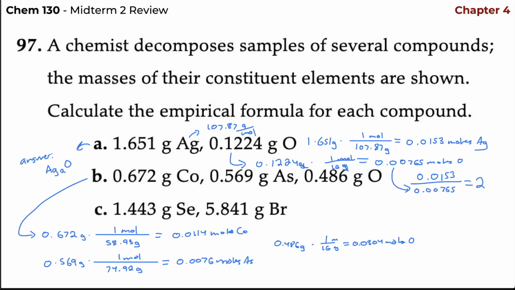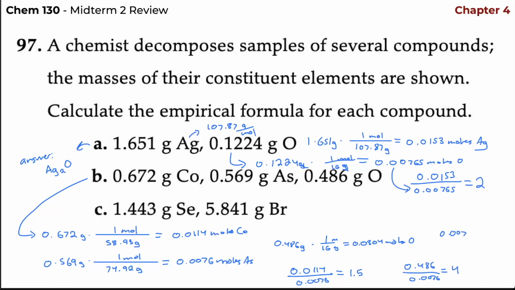So we're going to divide 0.0114 by that, which is equal to 1.5, and then divide 0.486 by that, which is going to be 4. And we divide it by itself.